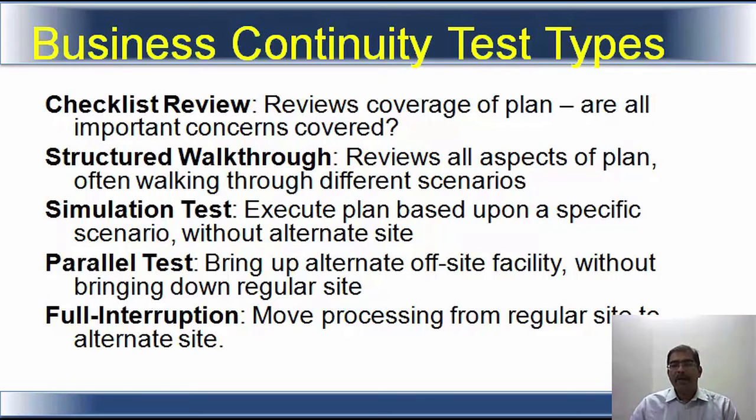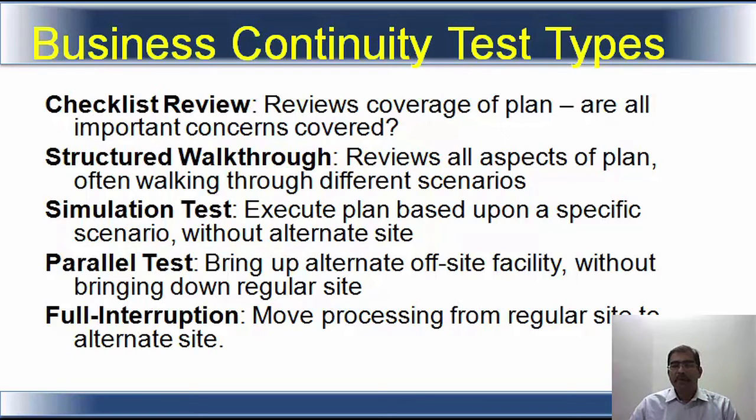Parallel test: bring up the alternate offsite facility without bringing down the regular site. See how the transition happens, whether it is smooth. At the same time, you are not disrupting normal operations. Full interruption: move processing from regular to alternate sites. So a lot of banks have this full interruption test. They identify a particular day, in a year, or once in half a year.